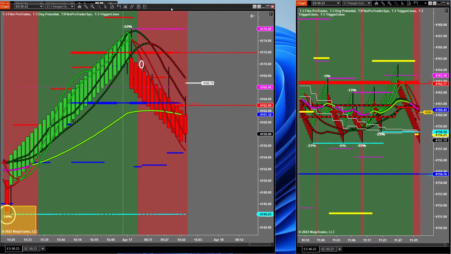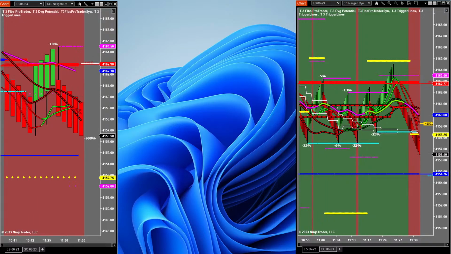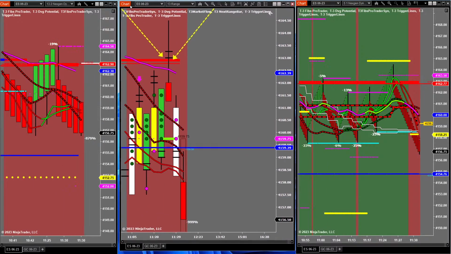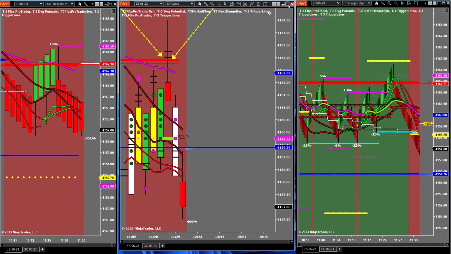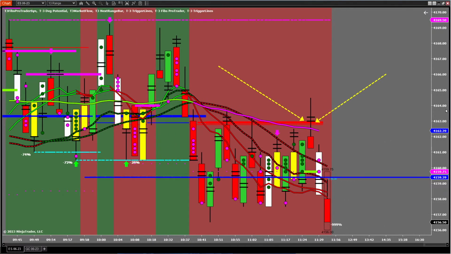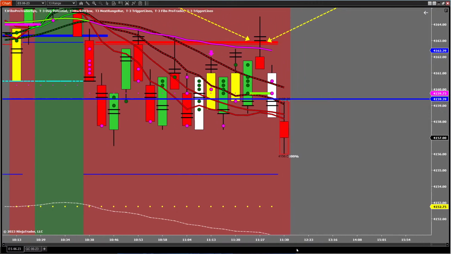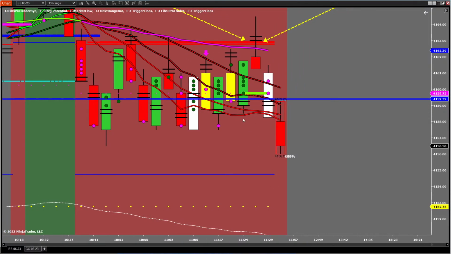Let's see what happens. Now, remember in my little plan where I said if you have a white paint bar that closes down below everything, you can kind of do a momentum trade?